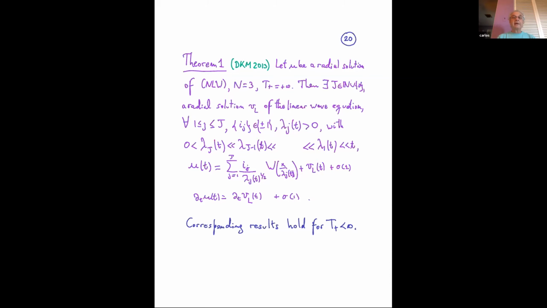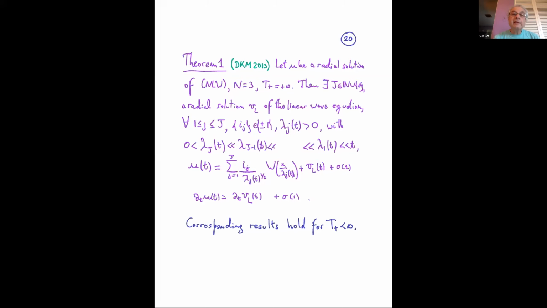Suppose we have a radial solution of the nonlinear wave equation in 3D. And 3D is important here. And let's assume that it exists for all time. So then there's a number, capital J. There's a radial solution of the linear wave equation, the radiation term.